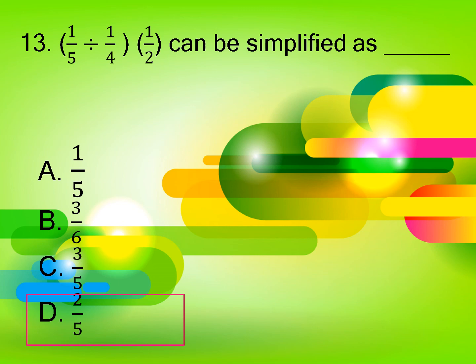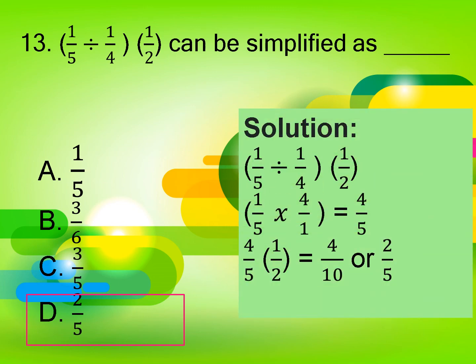How did we get the answer? So we have here 1/5 divided by 1/4, quantity times 1/2. So remember that the rule in dividing fractions is that you are going to copy the first number. This is now the dividend. And then proceed to multiplication and get the reciprocal.